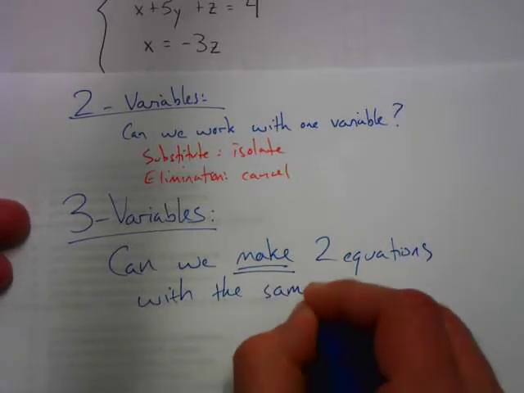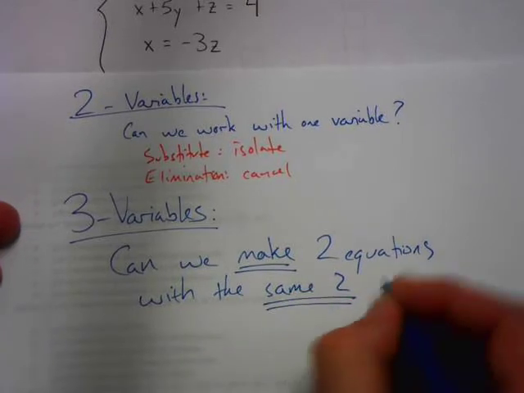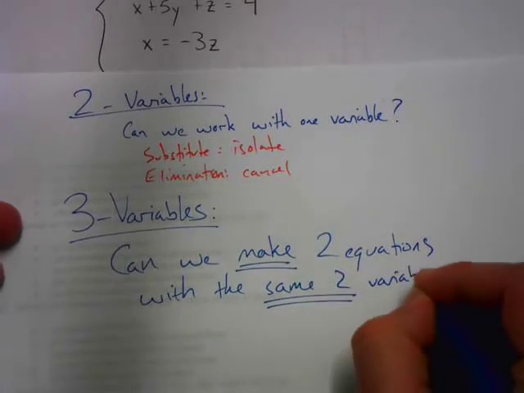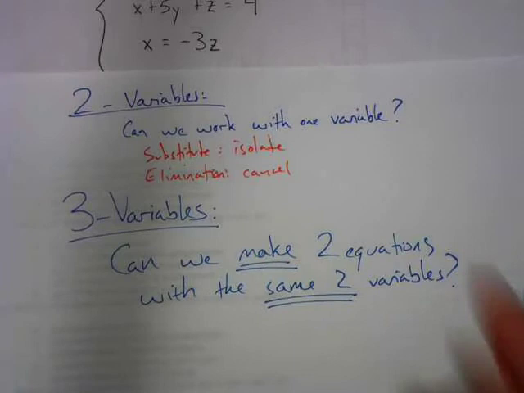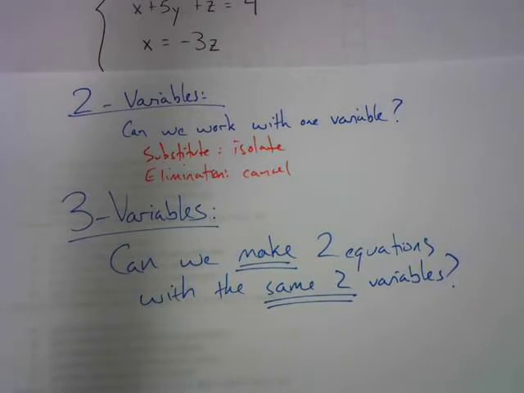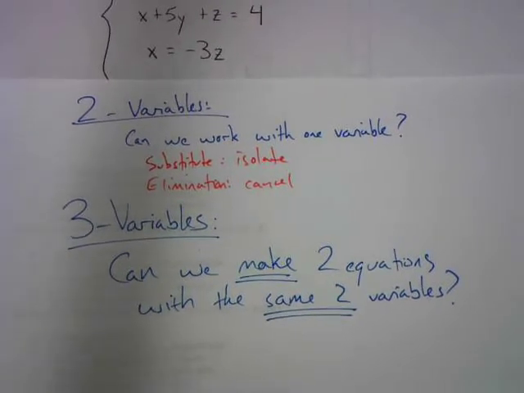That's an important thing. Same 2 variables. And if we can do that, we can find out what those 2 variables are by using substitution and elimination, and then we can find the 3rd variable, and you'll see that that'll make itself clear if you've paid any attention at all to any of the prior videos in this unit.